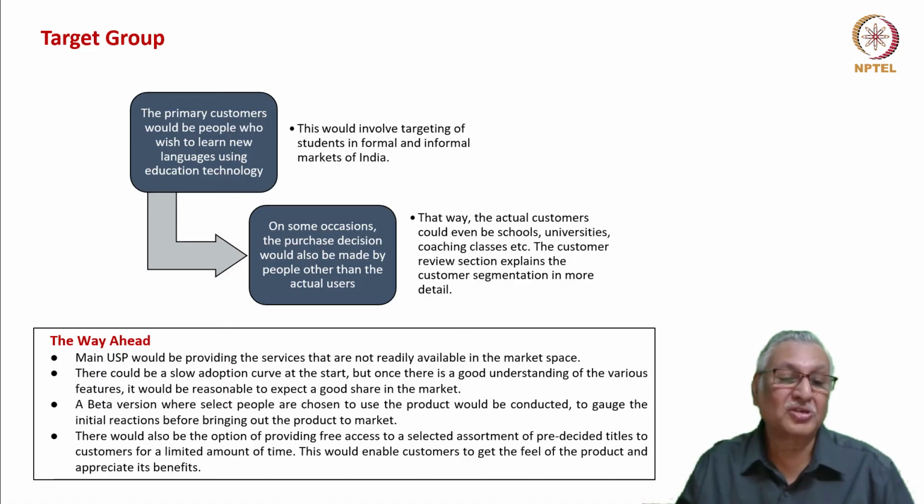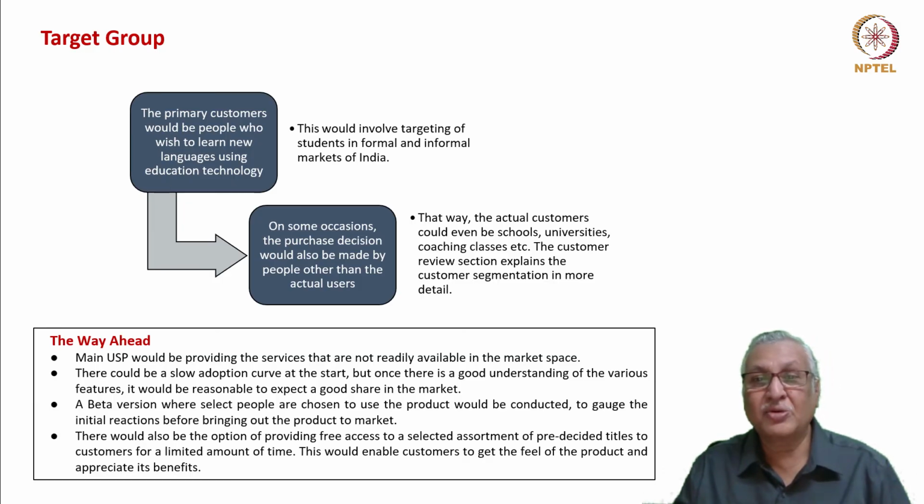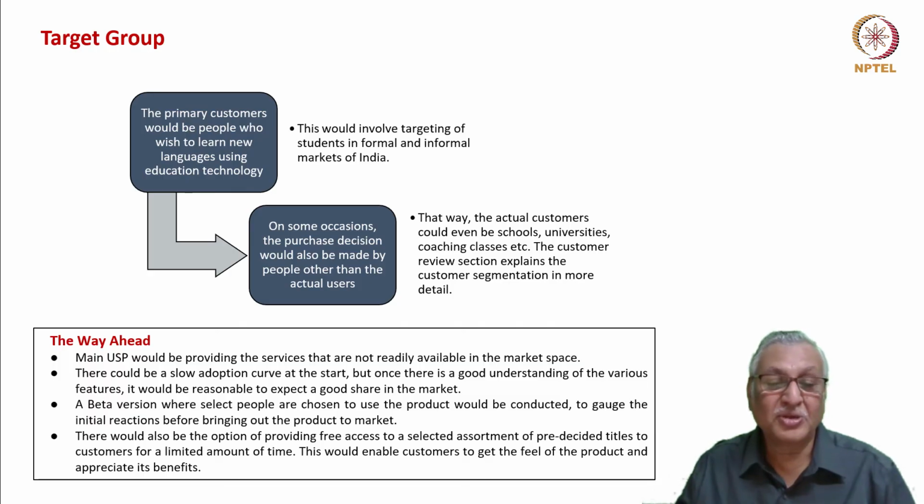The way ahead for the project has been thought about as follows. The main USP would be providing the services that are not readily available in the e-reader market space. There could be a slow adoption curve at the start, but once there is a good understanding of the various features, it would be reasonable to expect a good share in the market.